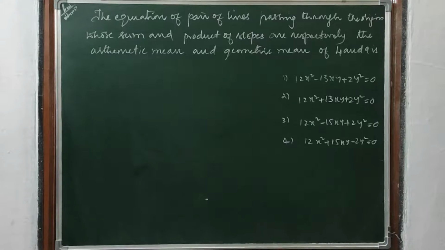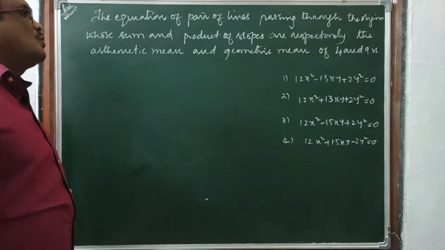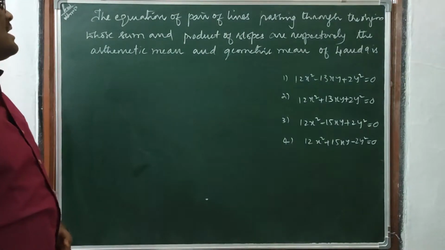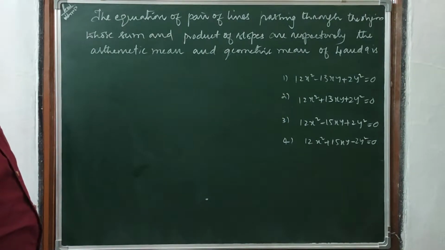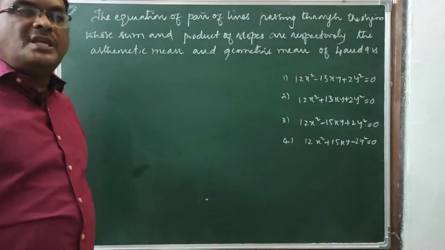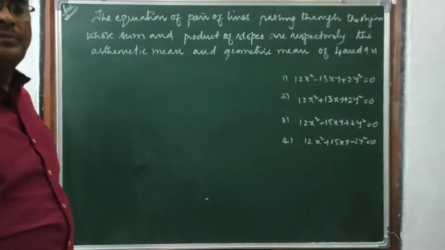The equation of the pair of lines passing through the origin, whose sum and product of slopes are respectively the arithmetic mean and the geometric mean of 4 and 9. Let the slopes be m1 and m2.